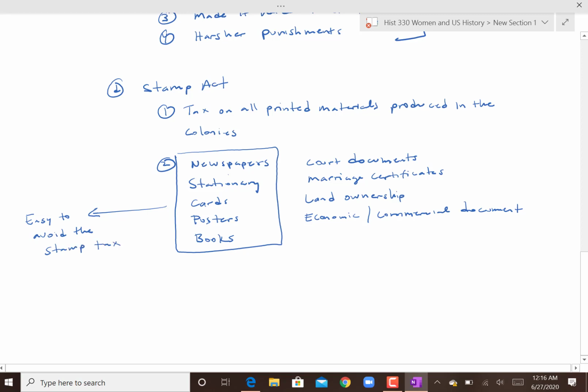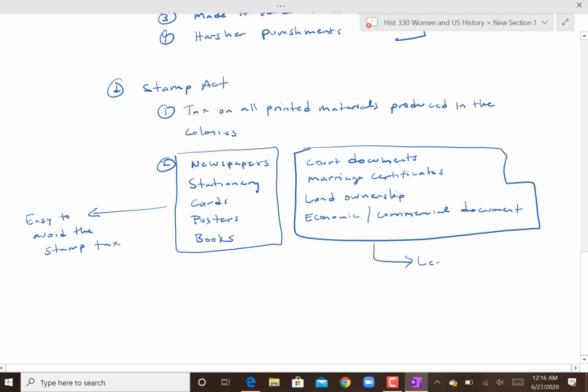And if it was just those things, it probably would have been less of an issue because it was an easy way to circumvent it. Because they didn't go around hunting down who had a deck of cards in their house that didn't have the stamp on it. But these other documents here, right, these were largely legal documents.